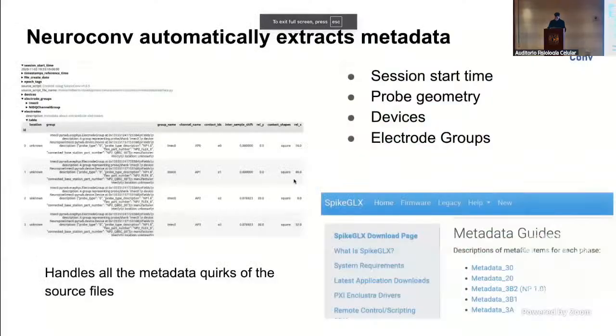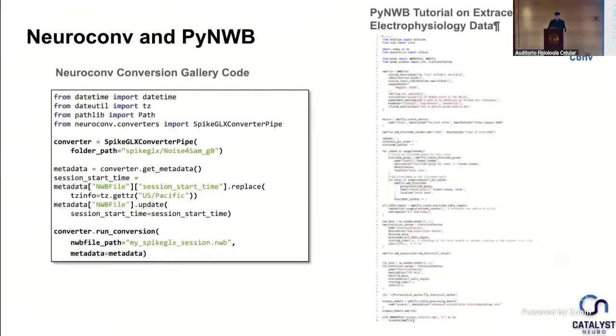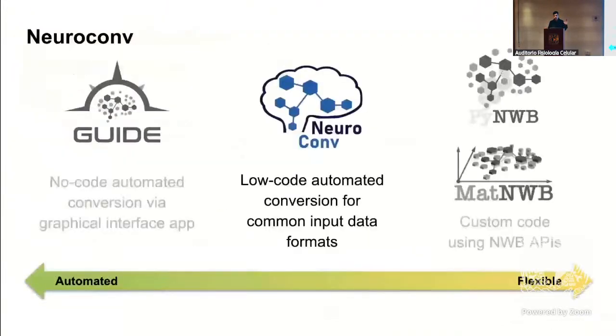Yeah, so that's the wiring, which is an important piece of metadata. And what I wanted to mention as well is how Neurocom simplifies these. I mentioned to you that we have these three tiers of converter tools. GUIDE, which is just clicking like a normal program. Neurocom, which is sort of low code.